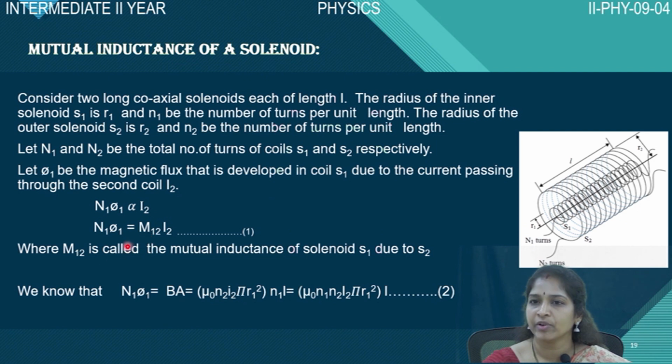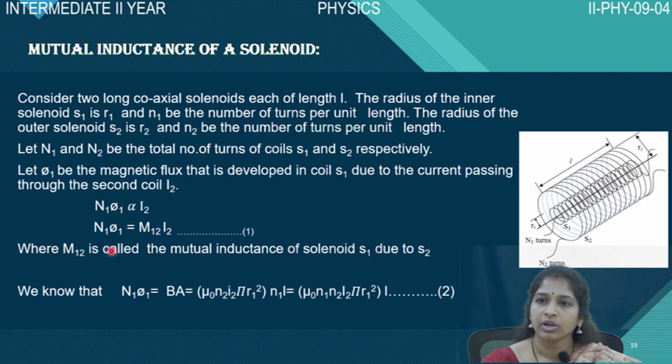So M12 is the mutual inductance of solenoid S1 due to S2. Due to the current passing through S2 only, flux is developed in solenoid S1. That is why this constant is M12. Consider this as equation 1.